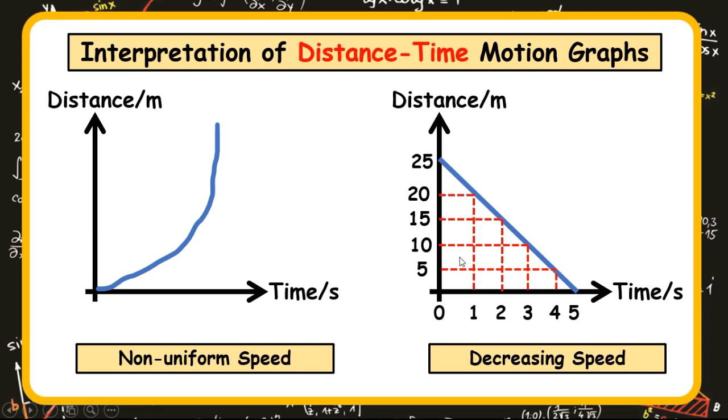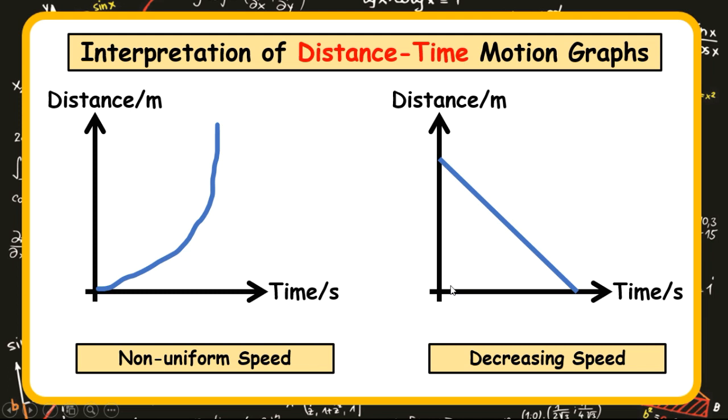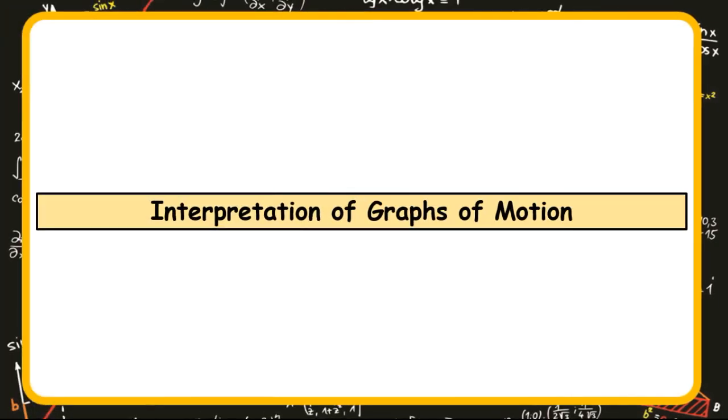If you notice critically, as the time increases, the distance decreases. And at 5 seconds, the distance is 0. This is what we refer to as decreasing speed. So I trust you have noticed all these four graphs. Very, very important.